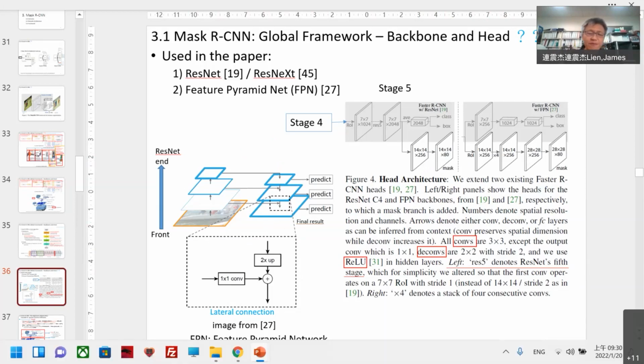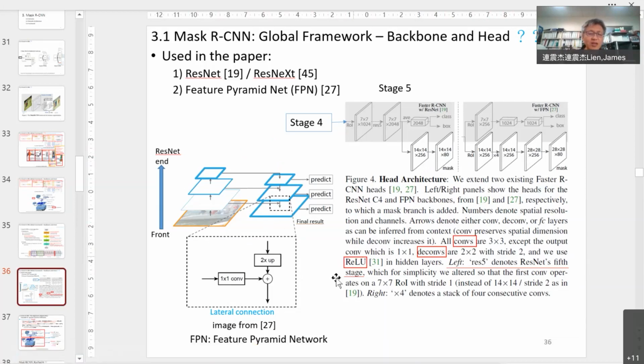Before we talk about Faster R-CNN, they have a lateral connection. We have a downsampling connection, bottom to top, and an upsampling connection, the feature pyramid network. The third connection we call the lateral connection. Basically, it is the connection from the sideway.